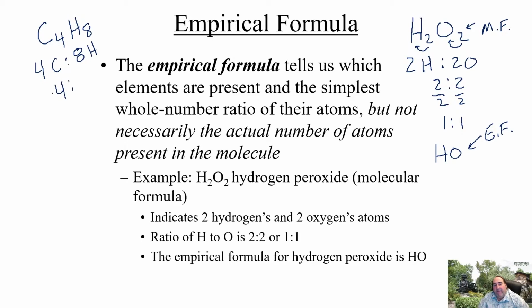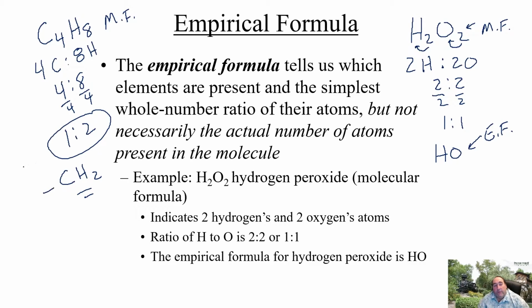That is basically a 4-to-8 ratio, which again, if you divide by 4, is a 1-to-2 ratio, which means CH2 would be our empirical formula here. So if you could reduce down a formula and still get whole numbers, that would then turn it into its empirical formula.